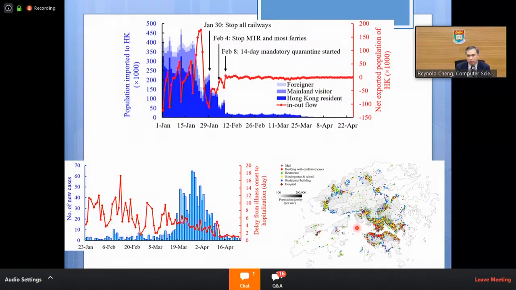Hopefully we can make use of this data together with the transportation data, such as the MTR Corporation's data, in order to understand how people move and whether this is related to the transmission of diseases in Hong Kong. Hopefully we can understand this, and then start to do some simulations about whether it is possible to shut down some of the transportation tools in order to mitigate or reduce the risk of disease transmission.